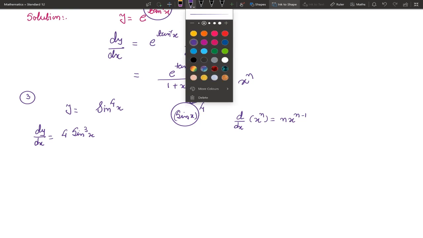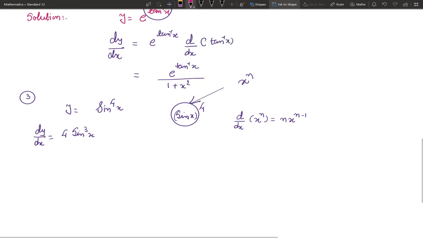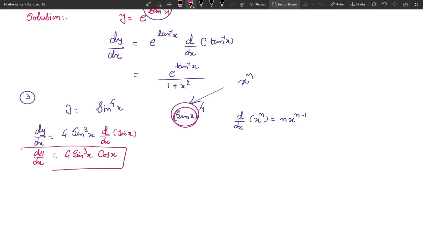But now you observe inside we have a function of x, so by chain rule, d by dx of sine x. So the answer is 4 sine cube x into the derivative of sine x, cos x. This is dy by dx.